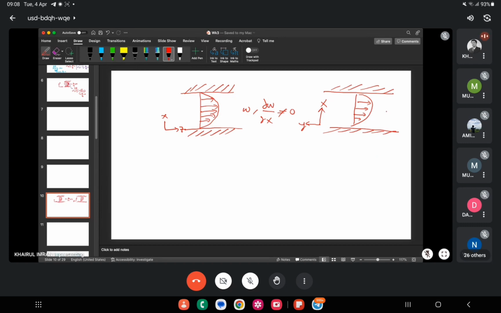Kat sini dia akan jadi V. Del V over del X tak sama dengan kosong. The change of V to X direction tak sama dengan kosong.